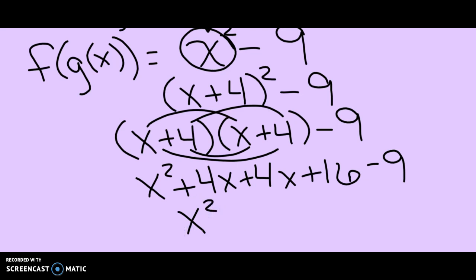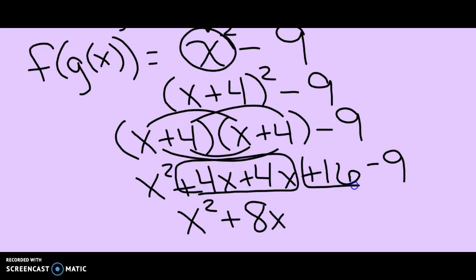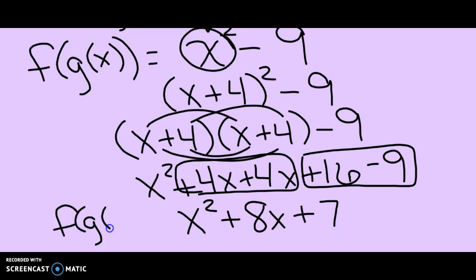You get x squared, then 8x because these two go together, and these two go together for a plus 7. So f of g of x is equal to x squared plus 8x plus 7. You don't have to do anything further with that. You could factor if you want, but you don't have to. You just really want the finished product.